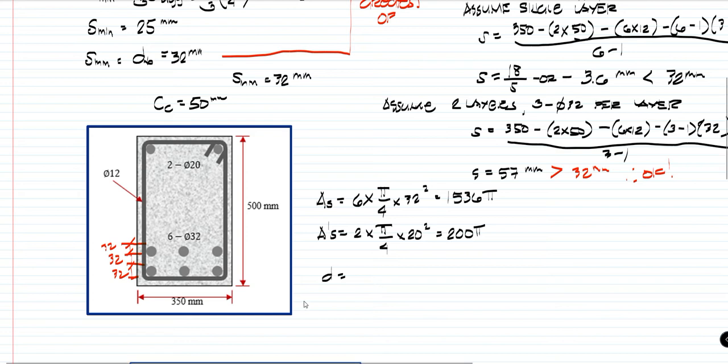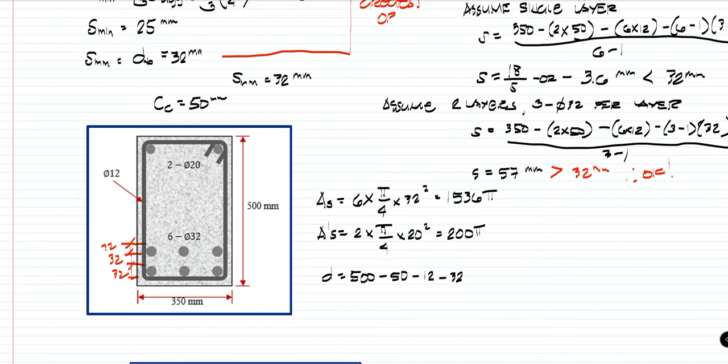So, that will be, ang effective depth natin ngayon is yung height na 500, bawasan natin ng clear cover, which is 50, tapos ibawas natin yung stirrups, which is 12, tapos bawasan natin ng isang bar na 32. So, nandito na tayo.